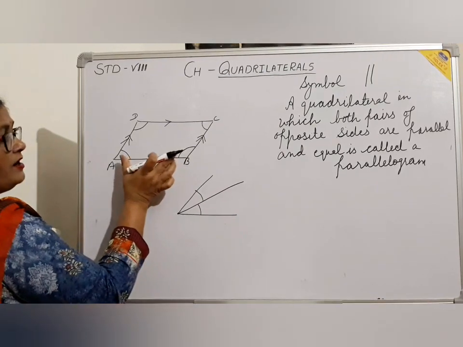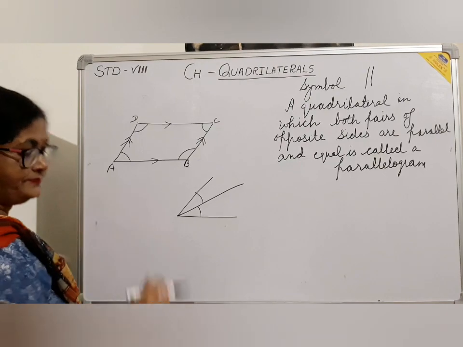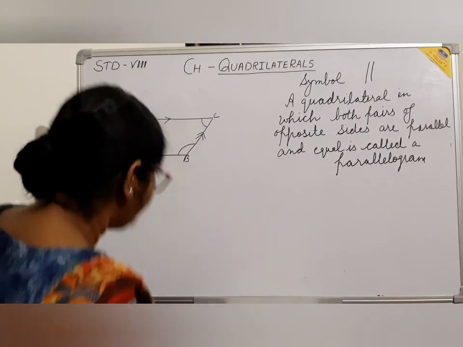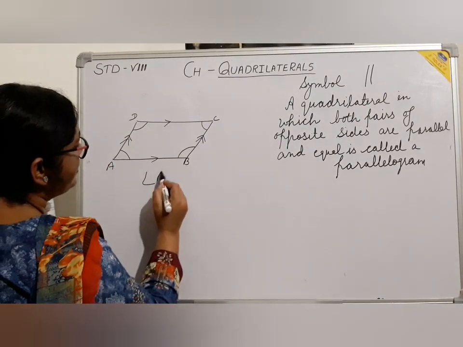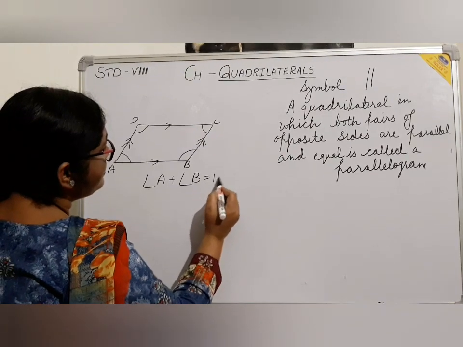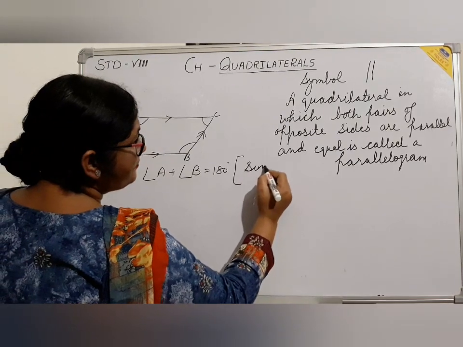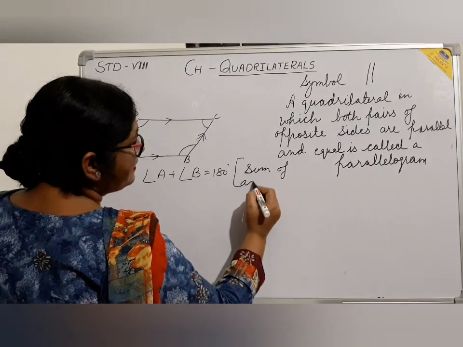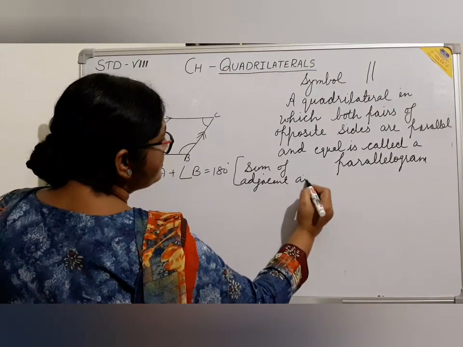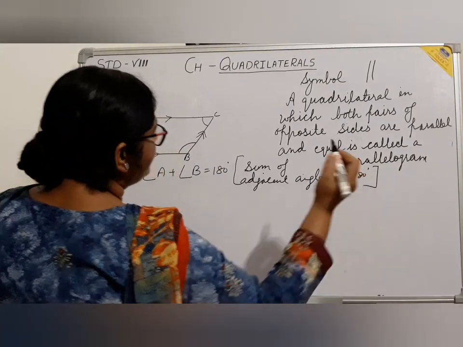The sum of the adjacent angles of a parallelogram is 180 degrees. Remember this point. Angle A plus angle B is equal to 180 degrees. Reason: the sum of adjacent angles is 180 degrees.